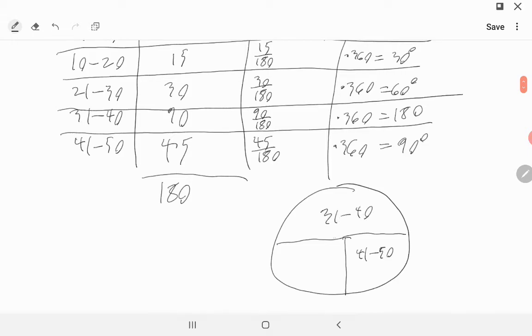And then we have to divide up the 21 to 30-year-olds, which is going to be essentially 1/6. And then the 10 to 20-year-olds is 1/12. So relatively straightforward to construct that.